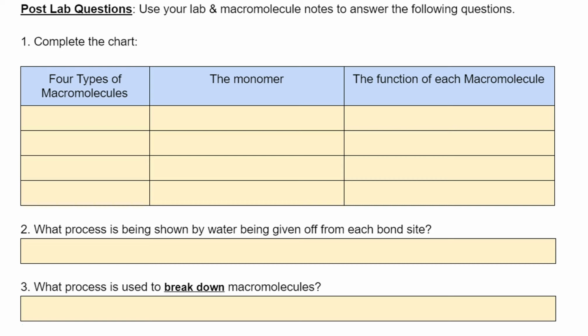Post-lab questions. I'm going to have you guys do this part on your own. I will give you a hint. The 4 macromolecules, or sometimes called biological molecules, I will tell you what they are. Number 1, carbohydrates. Okay. Number 2 was lipids, or fats.